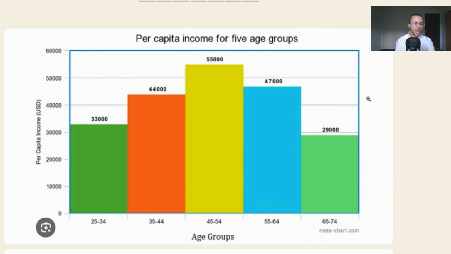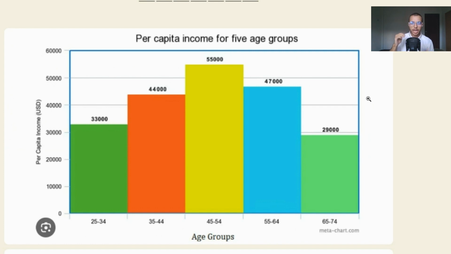The income per capita is categorized into 5 groups, ranging from the age of 25 to 47, with a maximum income of $55,000. Overall, there is a general increase in income from age 25 onwards. The figures peak from the group of 45 to 54.